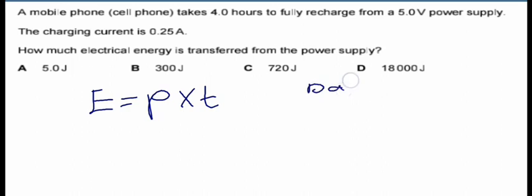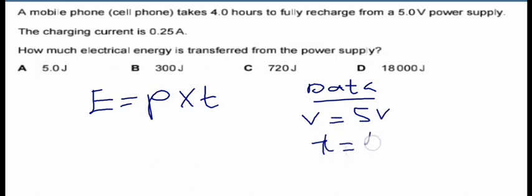Okay, so let's collect our data. We have voltage, which is 5 volts. Then we also have time, which is 4 hours. For us to convert these 4 hours into seconds, we need to multiply it by 3,600 seconds.